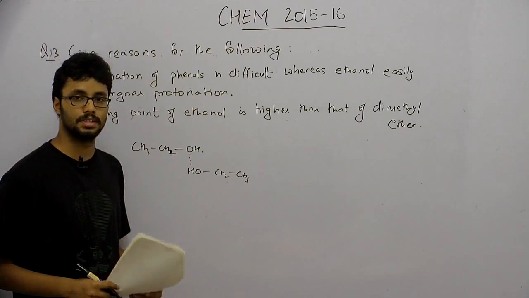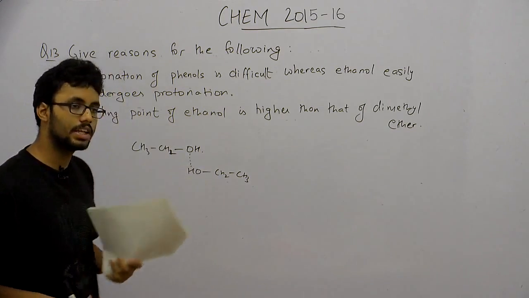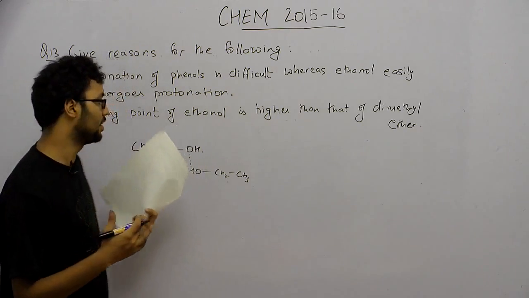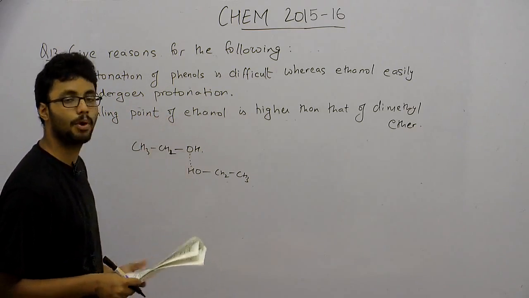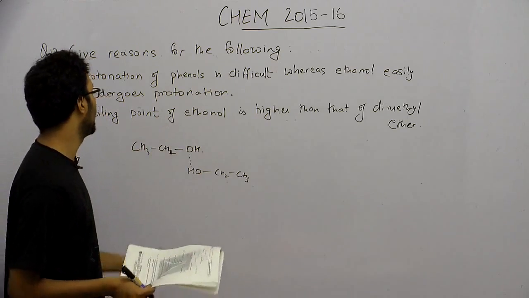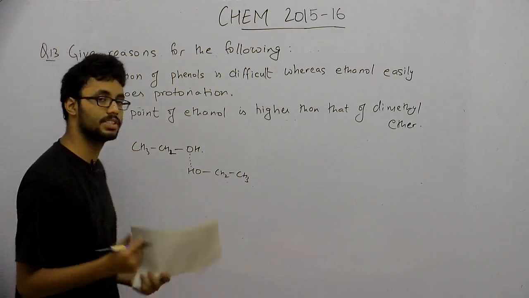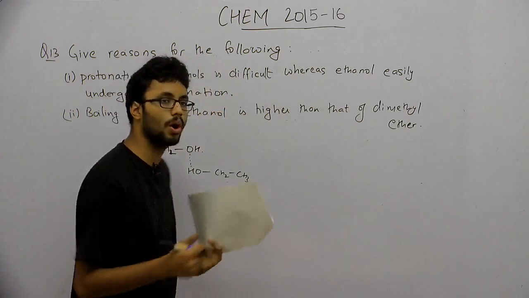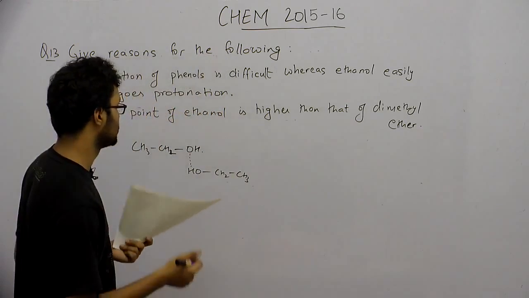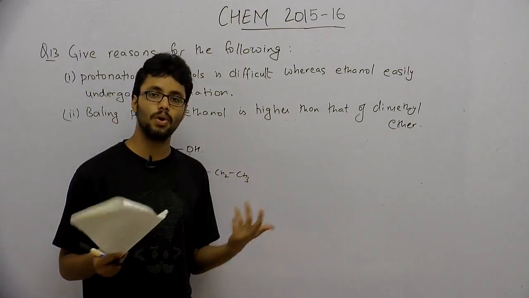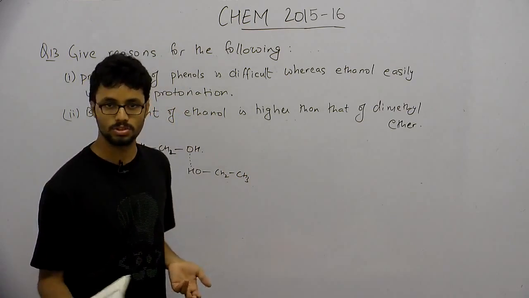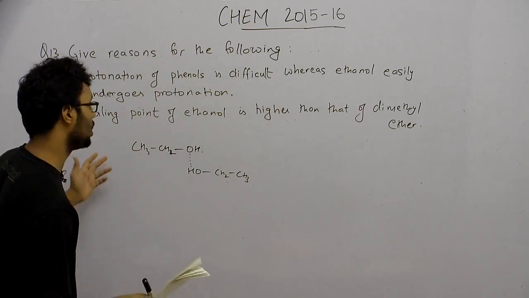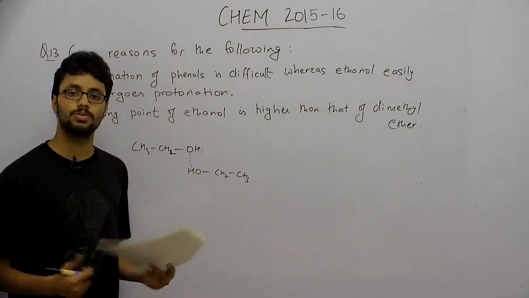So intermolecular forces are prevalent in ethanol and hence the boiling point is high. Whereas in dimethyl ether there is no hydrogen bonding, so there are no such intermolecular attractive forces, and hence it does not have as high a boiling point as ethanol.